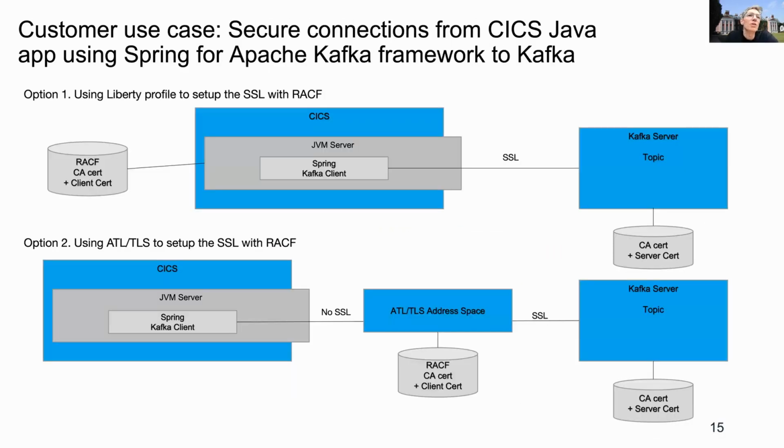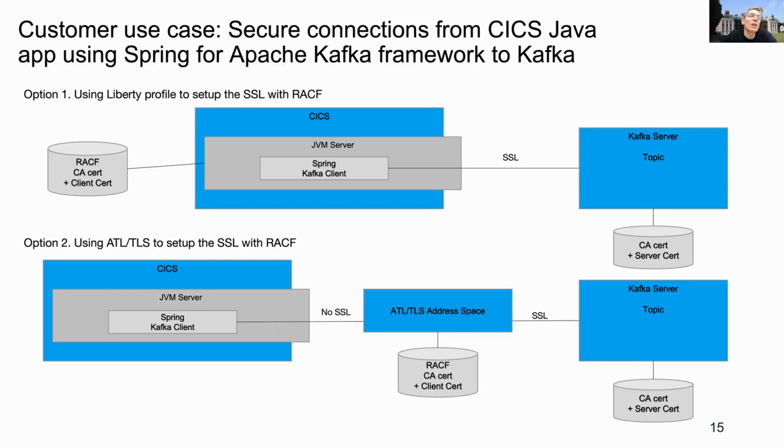There was another client that we were working with who had their application running. They were just looking at how to best set up SSL in this environment, and they were comparing running with the security set up directly in the Liberty JVM server.